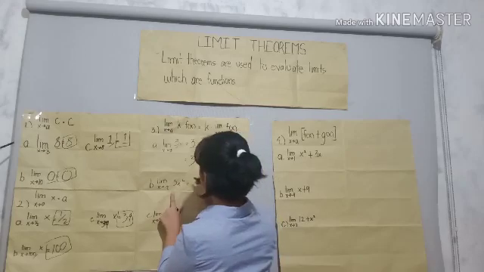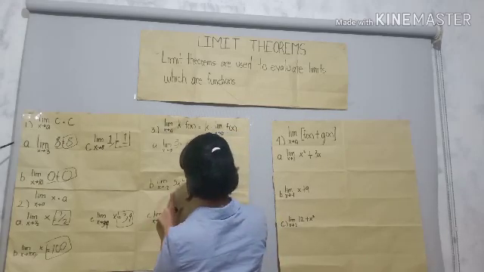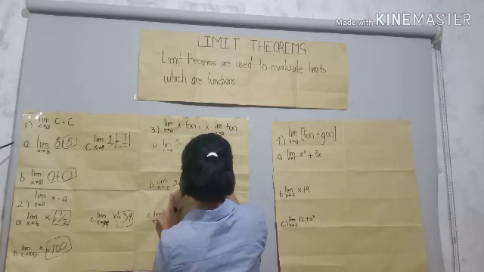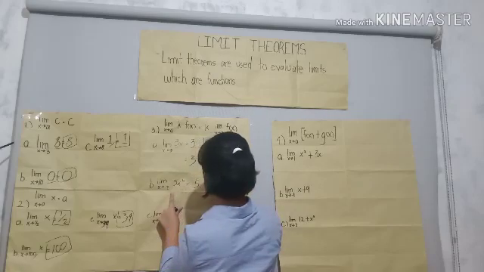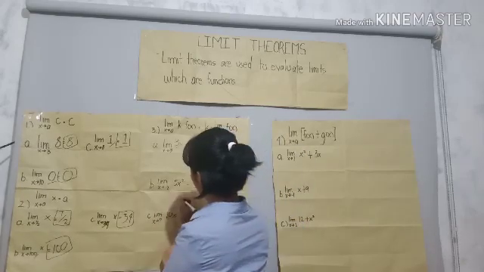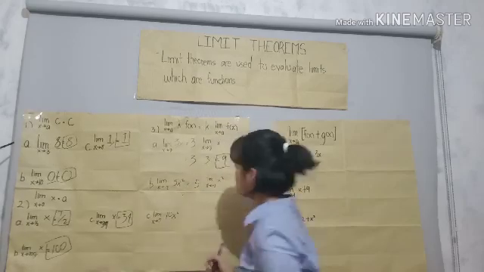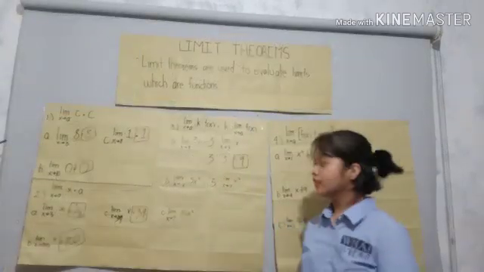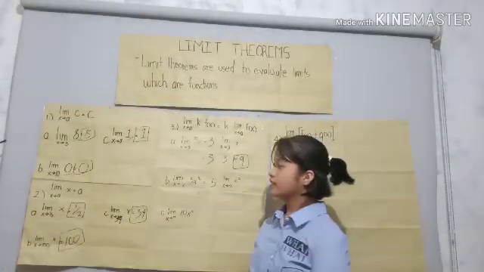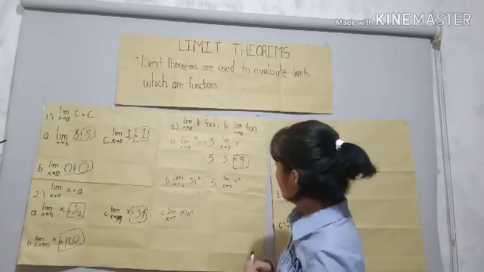In this problem, it is the number 5 times the limit of x squared. In the second step, you'll use the second theorem.